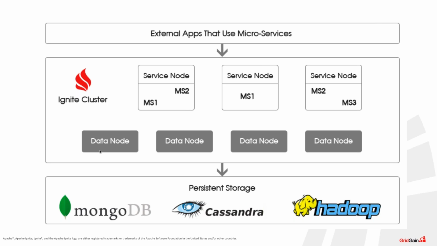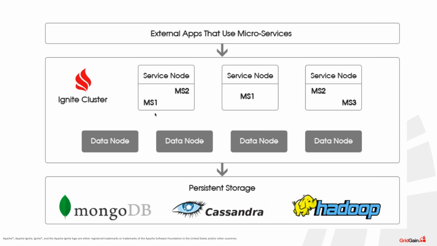Data nodes are just plain nodes that store your data in a distributed fashion. These nodes process all SQL queries and different computations. So all the requests that are related to data reads or data modifications will go to these data nodes. However, these nodes have nothing to do with your services that are deployed in the same cluster. For the service deployments, we dedicate a special kind of nodes called service nodes.